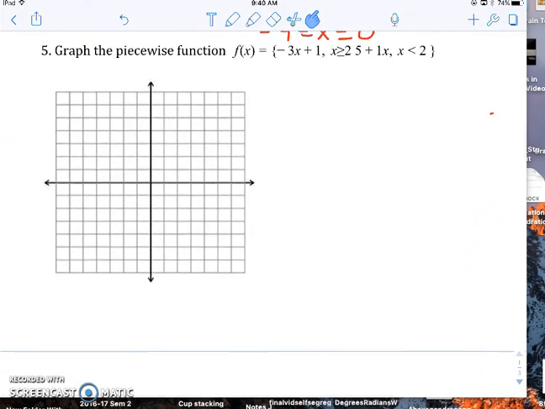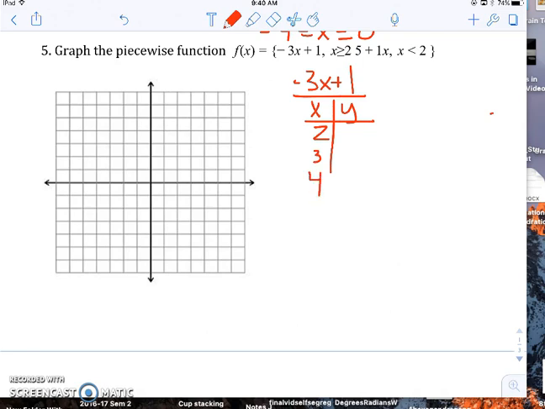So this piecewise, let's see. Let's start with negative 3x plus 1. We'll make an xy table. We use this when x is greater than or equal to 2. So 2, 3, and 4. So if we plug in 2, here's that inequality, I think, for that one. Hopefully I have them right. Negative 3 times 2 is negative 6, plus 1 is negative 5.